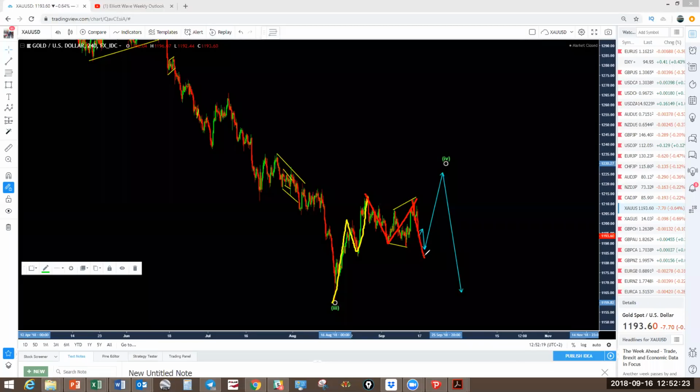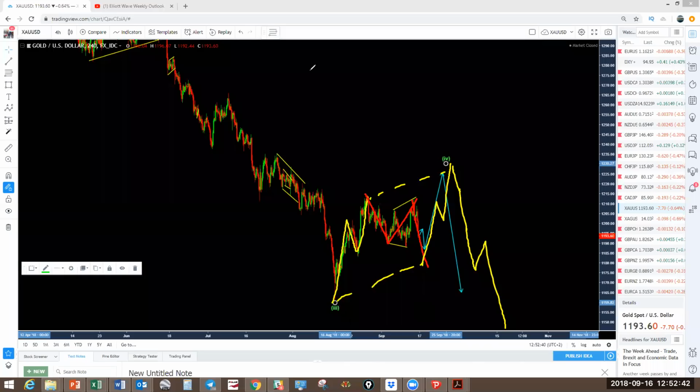So there's a likelihood that this pushes a little bit lower, like we're expecting the euro US dollar to do, and we get this last move to the upside, giving you this whole wave 4 as a zigzag before we start coming down to the level that we're looking for, which is at the 1122.